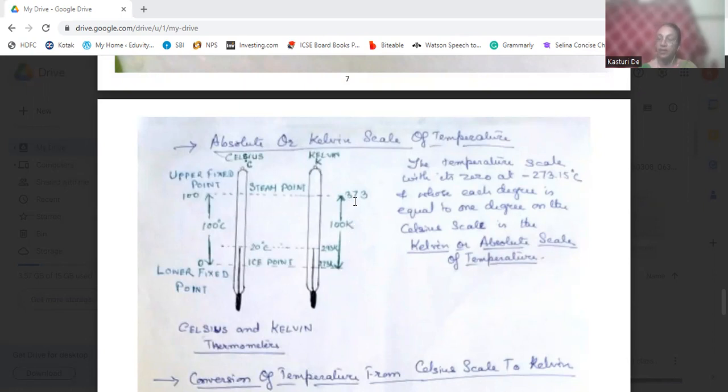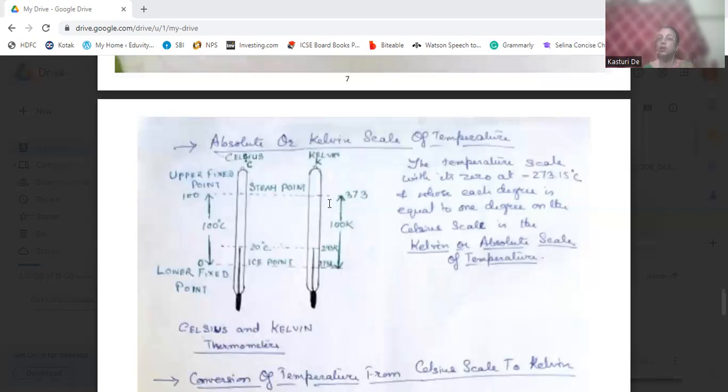Okay, 100 markings will be there between the two fixed points, like that in the Celsius scale. The temperature scale with its 0 at minus 273.15 degrees centigrade, and whose each degree is equal to 1 degree on the Celsius scale.